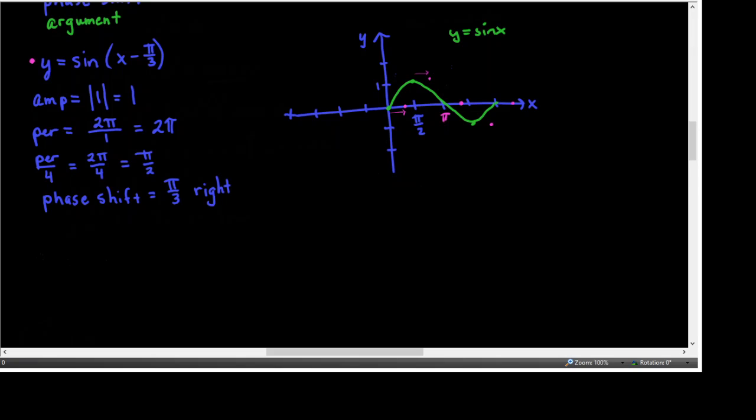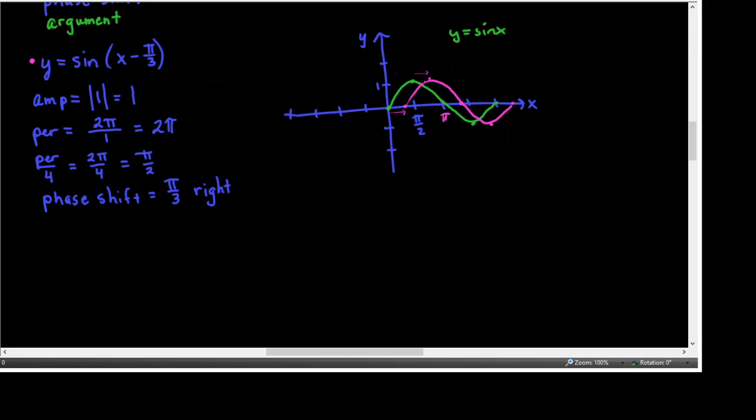And then once you have your 5 points, 4 regions, you graph the sinusoid along those 5 points, and you can now see very clearly that the green graph, the original sine of x graph, has shifted over to the right and the distance is pi over 3.